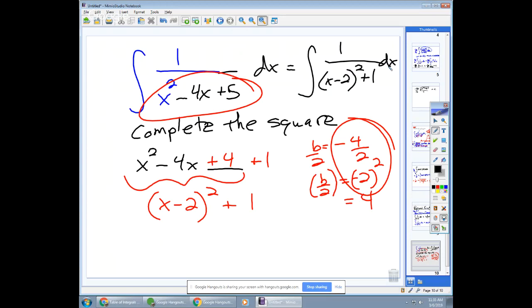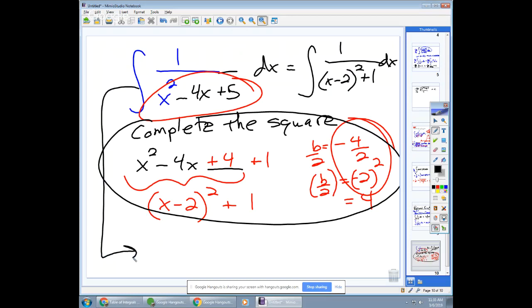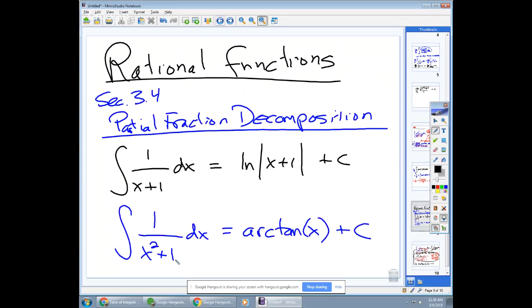So the antiderivative of that after completing the square is just going to be the arctan, not of x, but of x minus 2. Yeah, the +1 is like this +1 right there. That's part of the arctangent antiderivative or derivative.